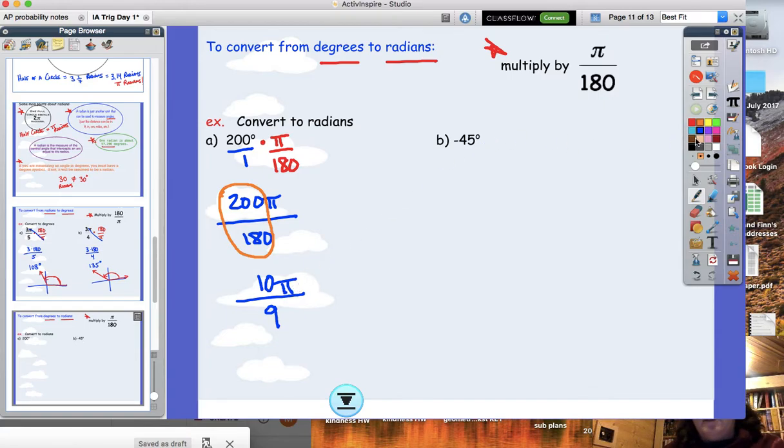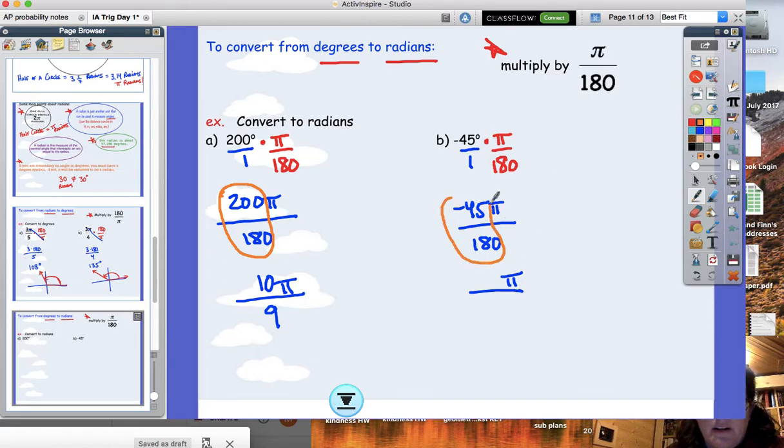I'm going to do the same thing over here. If I have negative 45 degrees, I'm going to multiply by pi over 180 to convert it into radians. And then I'm going to smush the two together because I'm multiplying. And remember, this is over 1, so I can multiply straight across the top and straight across the bottom. And now I'm going to reduce. The pi is on the top, that stays there. All I'm reducing is the number part here.